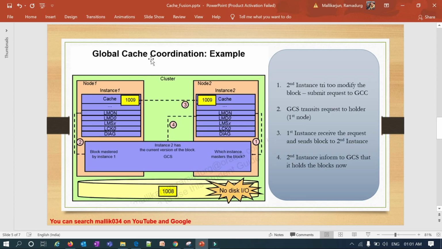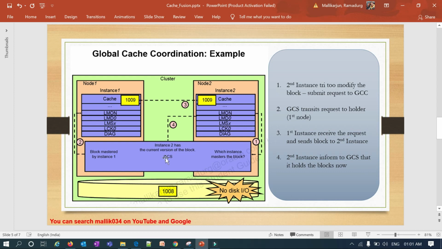Global cache coordination. If you can see here, the numbering 1, 2, 3 and 4, what do those numbers represent? Number 1: the second instance tried to modify the block, and it submits the request to GCS. You can see GCS is here.